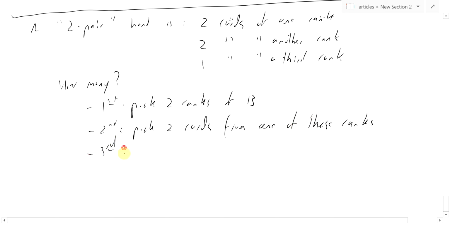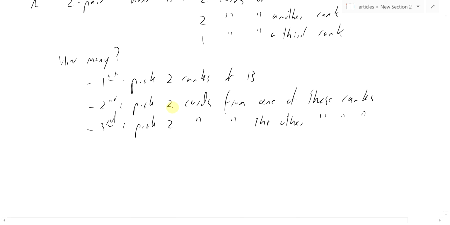Third step, pick 2 cards from the other of these ranks. And that gives me 4 cards now. I've picked 2 cards from one rank, 2 cards from another rank. And now I just need the 5th card, and the 5th card has to be of a different rank than the first 2.